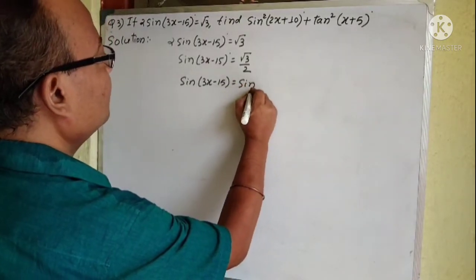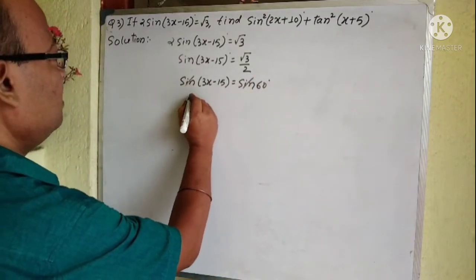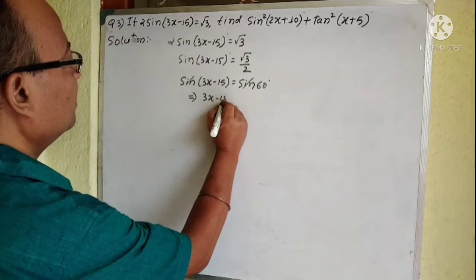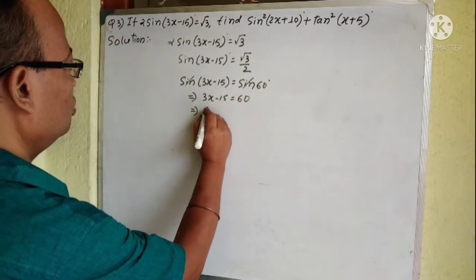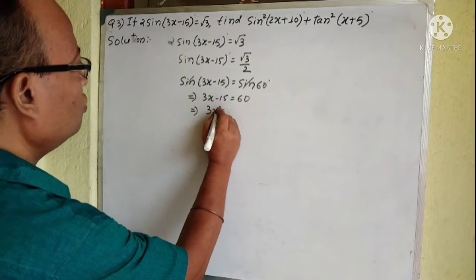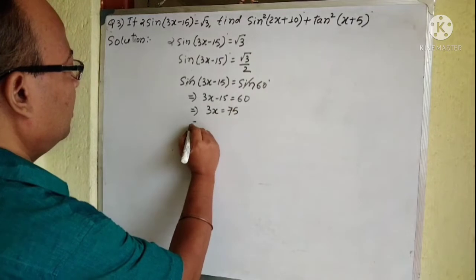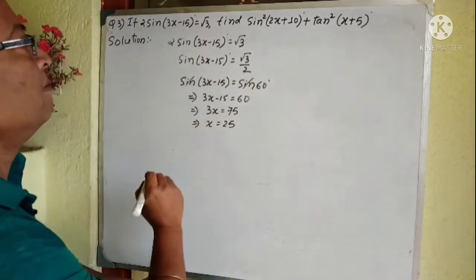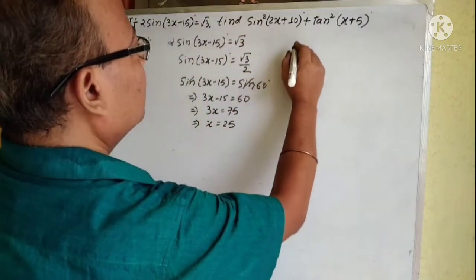So sine 60 degree. Okay. So sine gets cancelled. So 3x minus 15 is equal to 60. So 3x is equal to 60 plus 15, is 75. So x is equal to how much? 25. So we will put the value of x in this.